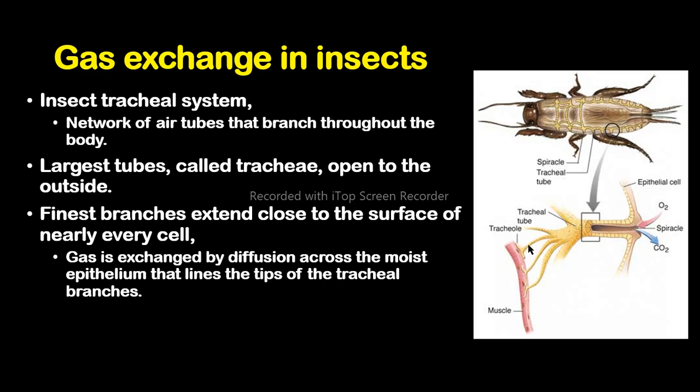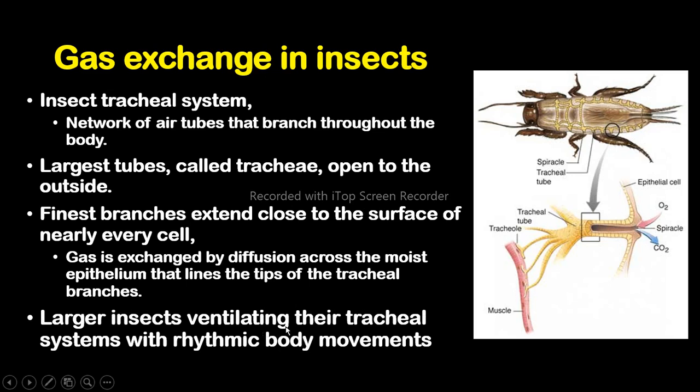The gases dissolve in that fluid and are then transported either to the tissues or from the tissues. So that fluid plays an important role as far as gas exchange is concerned.